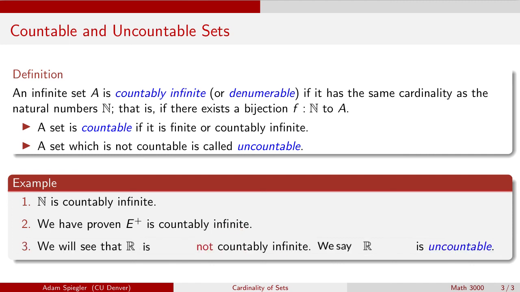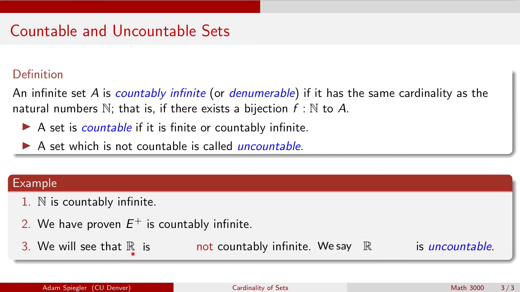And lastly, we will see in class together that the set of real numbers R is not countably infinite. So therefore, we say that the real numbers are uncountable, since it is not countable. It's not finite, and we'll show in class together that there does not exist any bijection f that goes from the natural numbers into R.